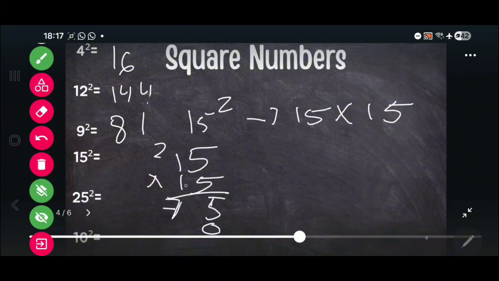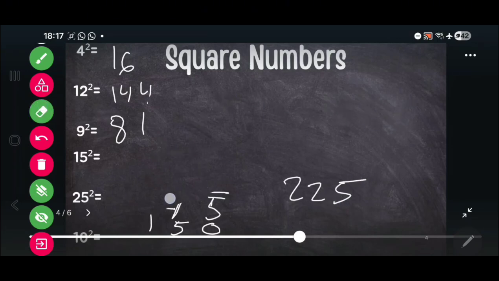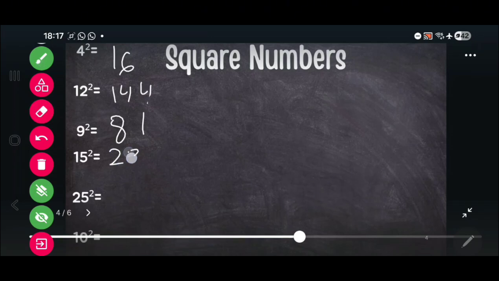Then 0 over here. Then you do 1 times 5, which would be 5, and then 1 add 1 would be... So if we add that up, you get 225, which would be our answer. 225. If you got that correct, write in the comment section below with a thumbs up to show that you got that question correct.